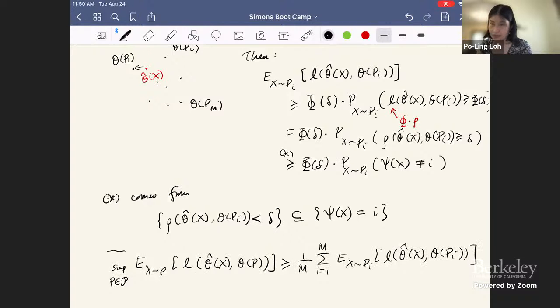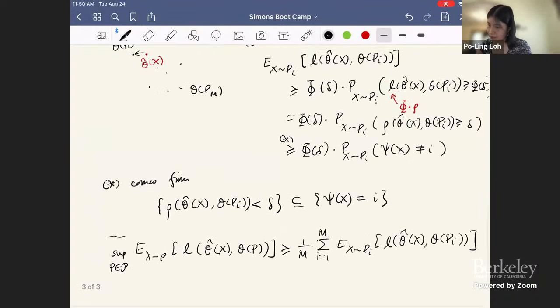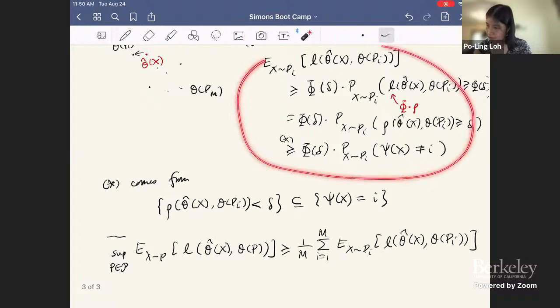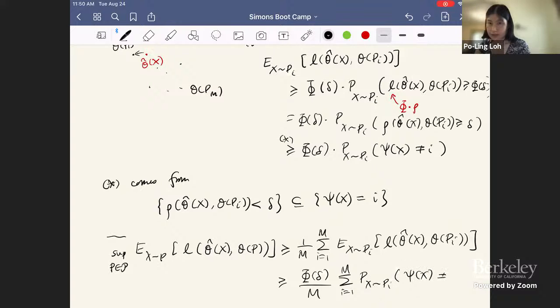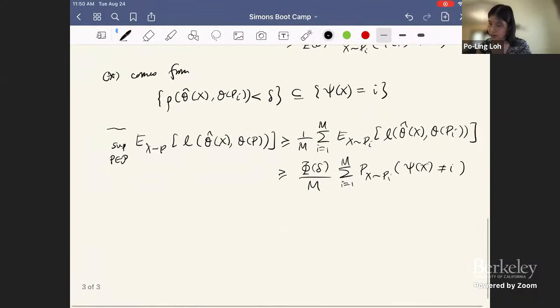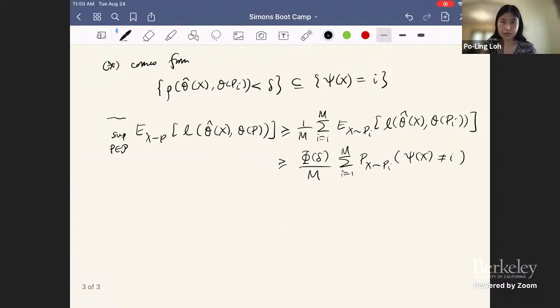All right, and now this statement out here gives us a lower bound that we can just plug in. So this is bigger than or equal to phi of delta over m times the sum, i goes from 1 to m, of the probability, x distributed as pi, that psi of x is not equal to i.